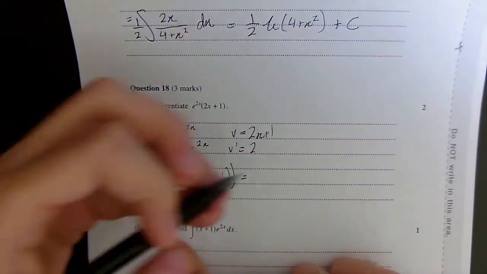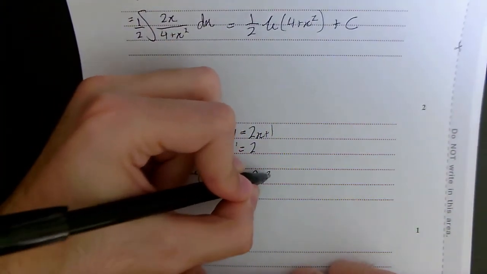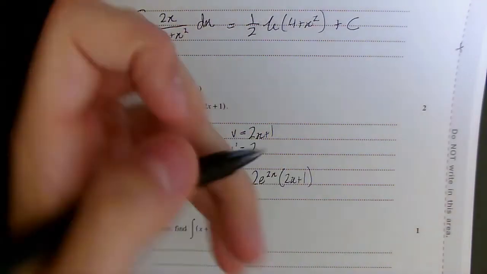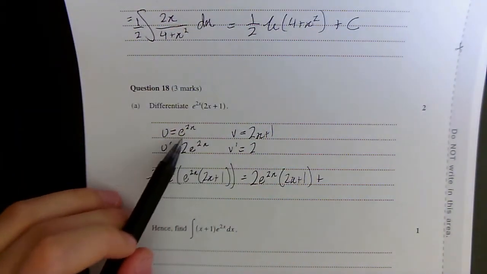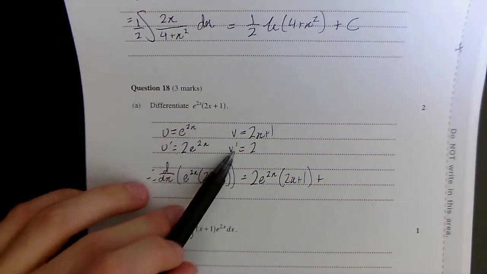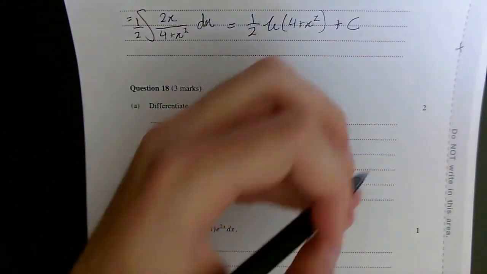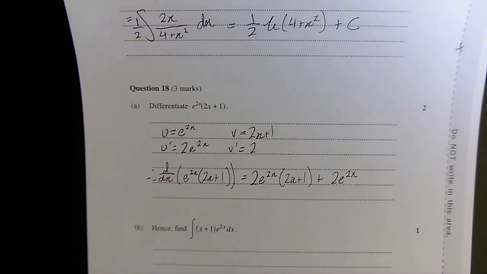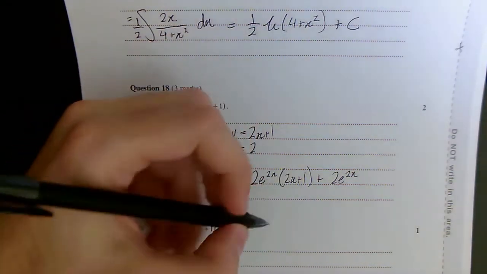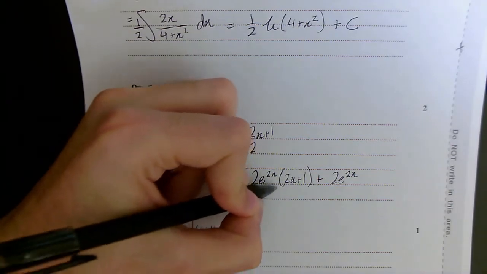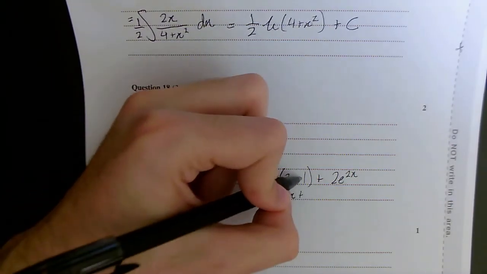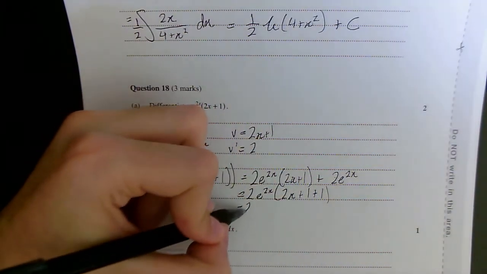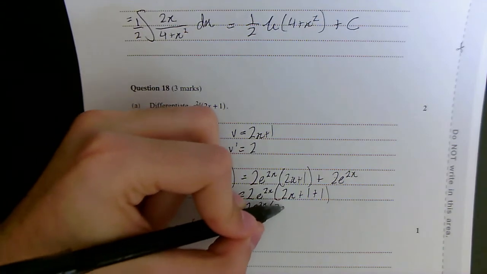So vu dash is 2e to the 2x times 2x plus 1, plus uv dash, which is 2e to the 2x. Hopefully you can recognize that you can factorize this quite easily with the 2e to the 2x. That leaves me with 2x plus 1 plus 1, which is 2x plus 2.